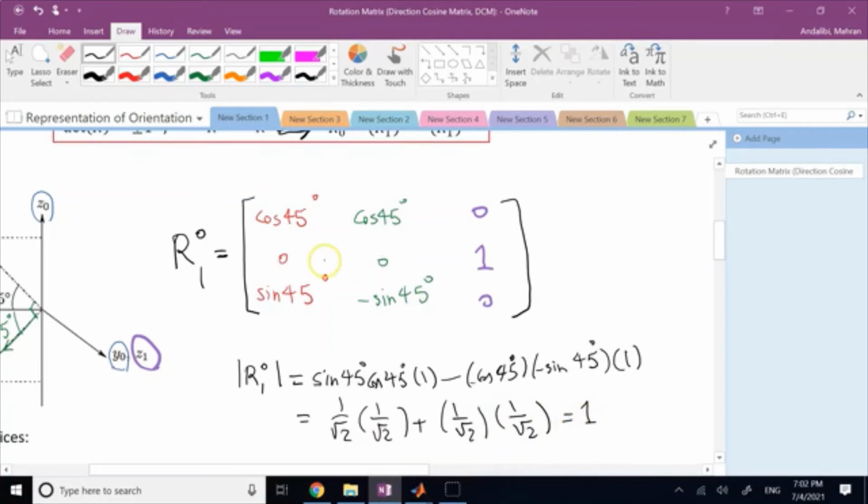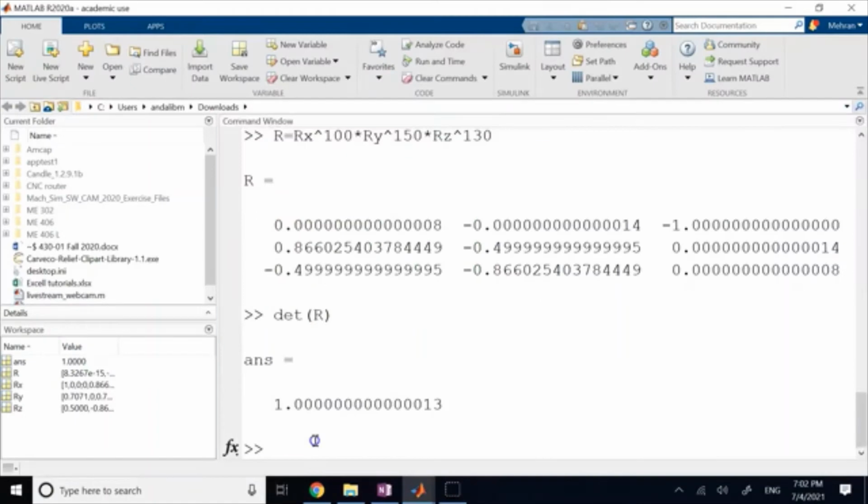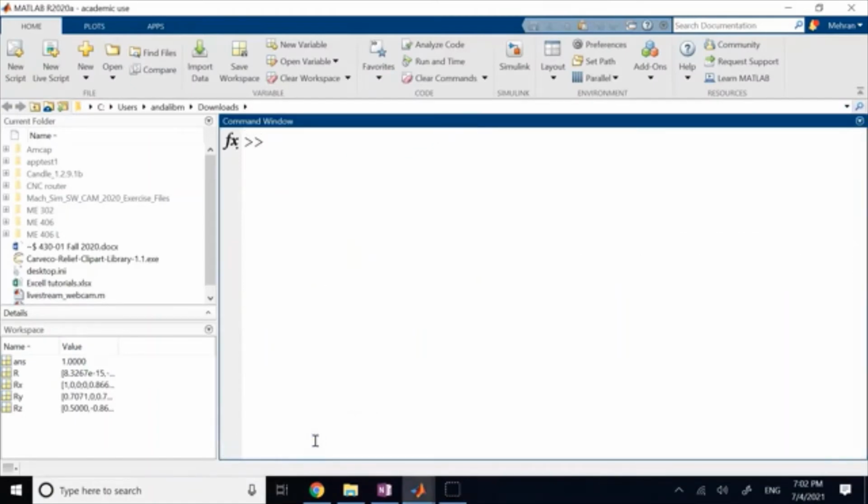And if you invert this, I can easily show you the inverse of it is the transpose of it. Let me do it just for the sake of practice, because we said a bunch of things and we need to practice on them.